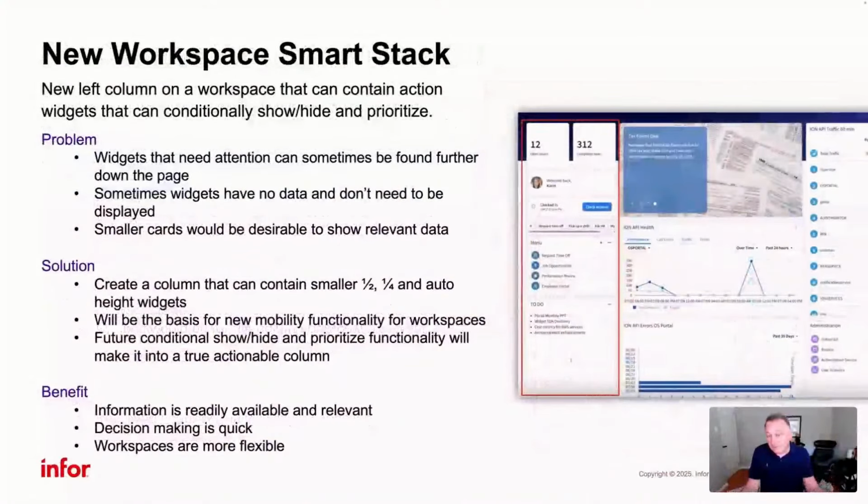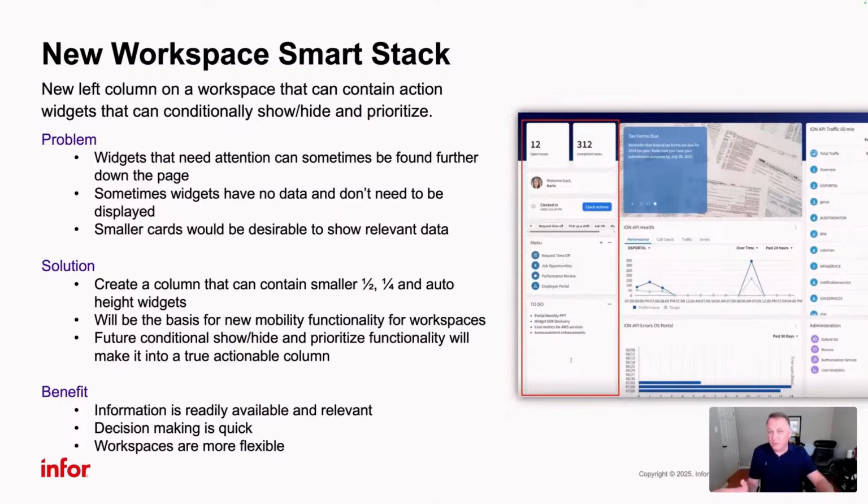Now, of course, with those 6 columns, we are introducing a new column, and we're calling it Smart Stack. Basically, the usage of Smart Stack is to present a more condensed view of information. And to do that, we've created smaller widgets, or at least we're in the process of creating smaller widgets. And basically, these are in a single stack.